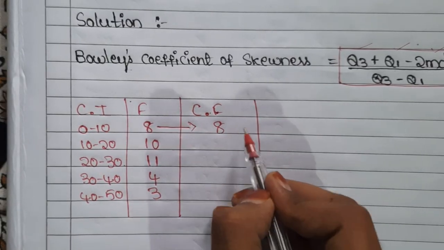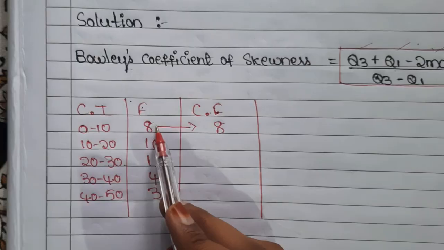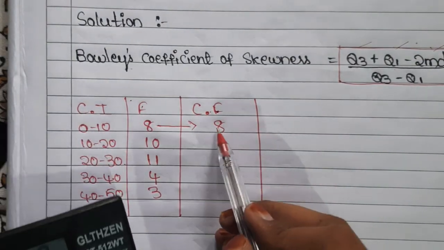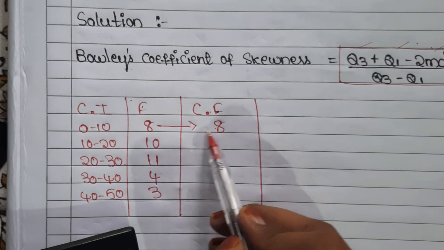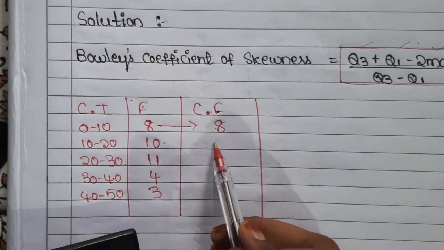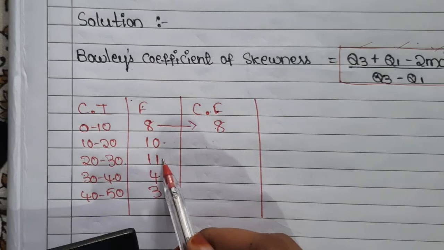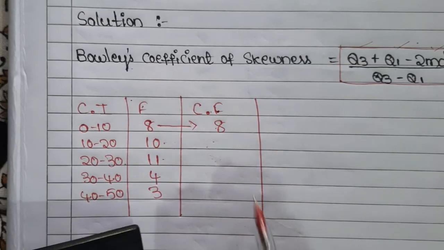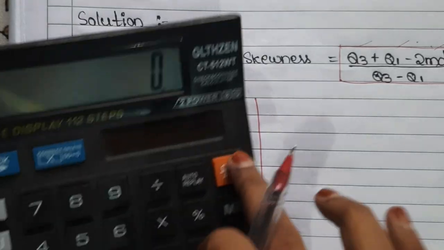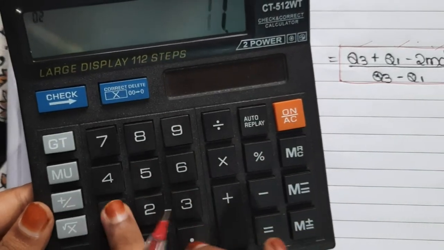Then you take a calculator and add this cumulative frequency with the next frequency to get the new cumulative frequency. Then add this with the next frequency to get the next one. So 10 plus 8 is 18. Then you add 18 plus 11, how much is it?